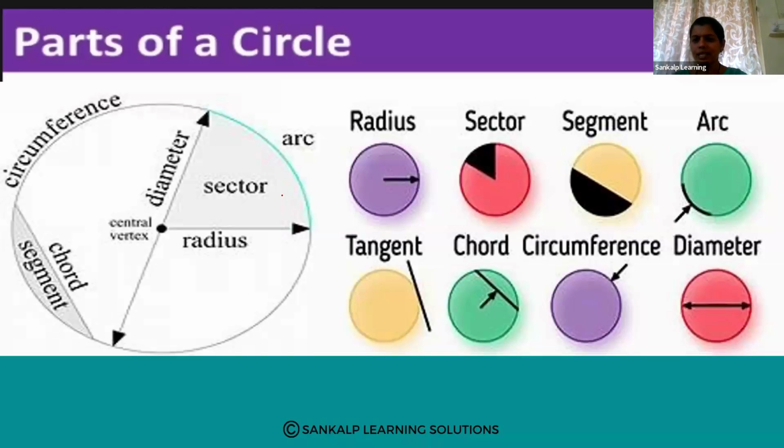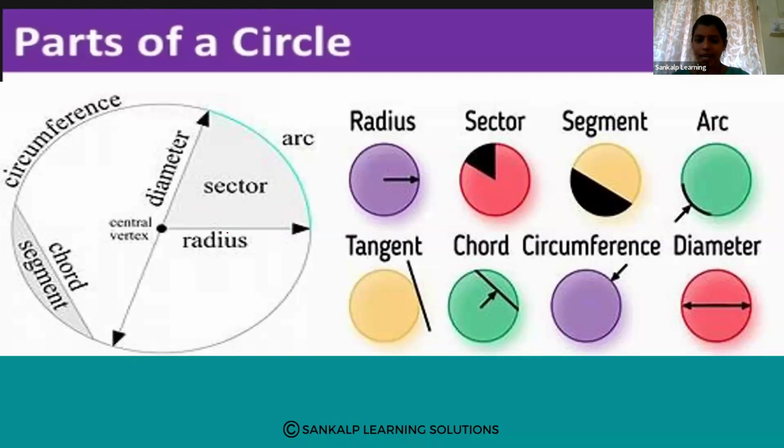And if I draw points around the fixed point, that means this is the collection of all points from a fixed point, or it is equidistant from a fixed point. The locus of all points, that means collection of all points from a fixed point, that we call a circle.